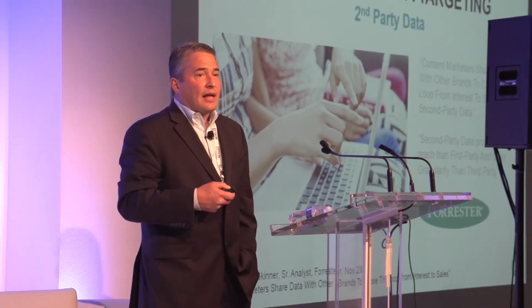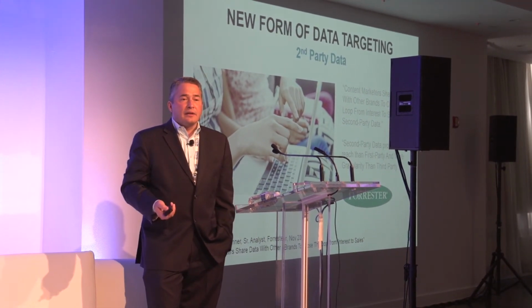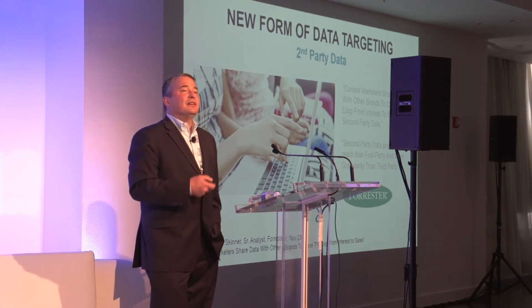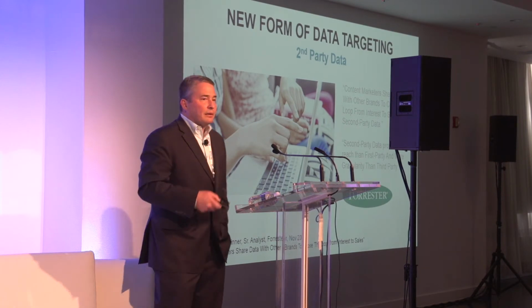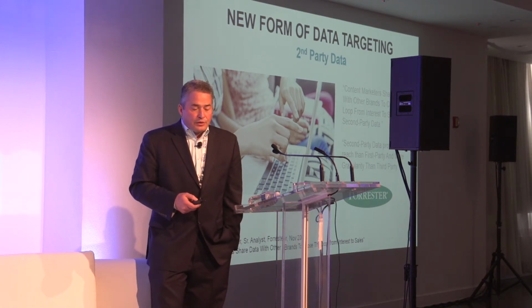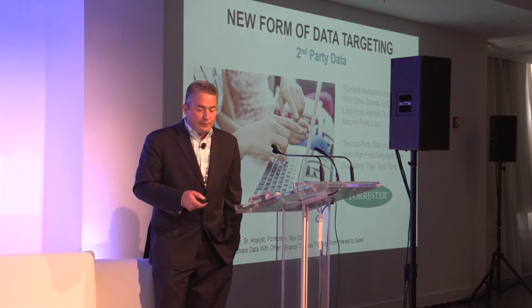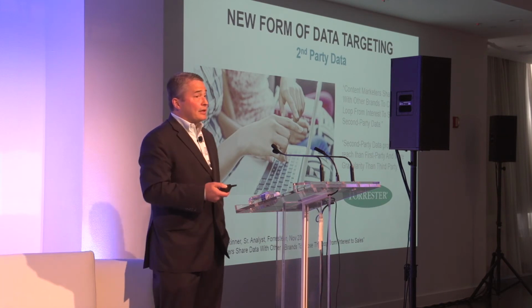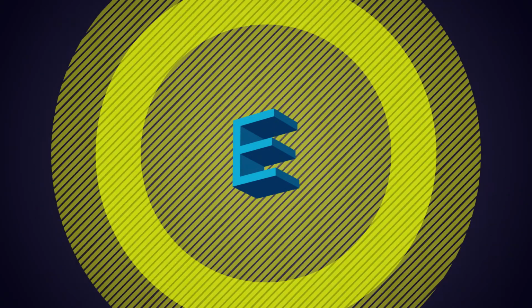Many times that advertising might come with an offer to say, hey, come in this weekend. We know you looked at a television, so come in this weekend and we'll give you 10% off if you buy from H.H. Gregg this Saturday, right? So it gives you more granularity than first party, and it gives you much more reach than you would get from first-party data, which is using your own customer database.